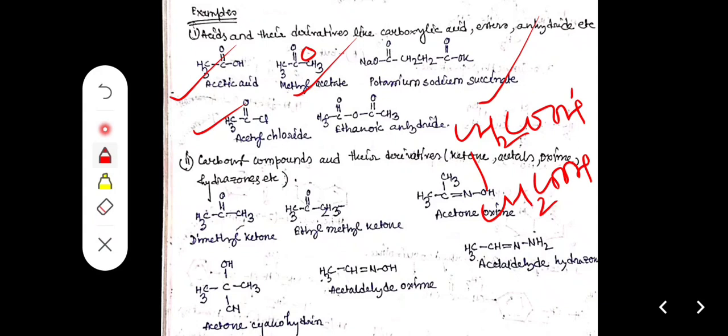CH2COOH and CH2COOH together are termed succinic acid. But when the hydrogens are replaced by any metal, producing an anion, it is called succinate. Here sodium is present and here potassium is present, so we term it potassium sodium succinate.